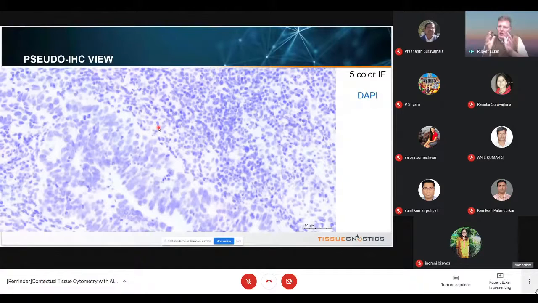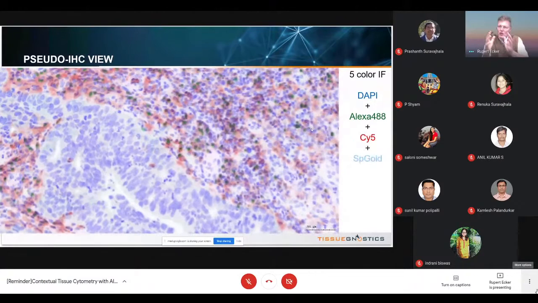So it looks like it was a peroxidase staining. It's actually DAPI, but it looks like hematoxylin. Then we add our green marker, our red marker, and the fourth here in this bluish.